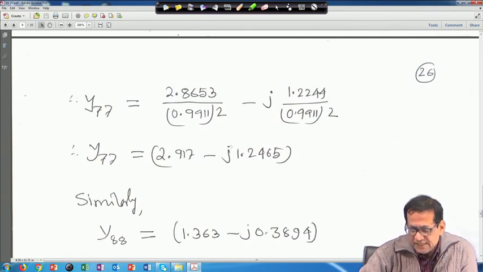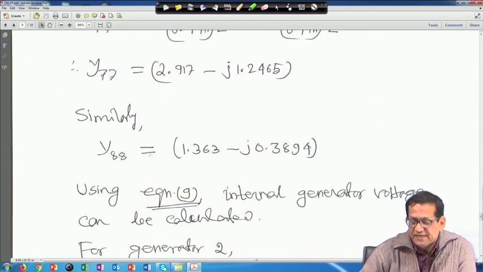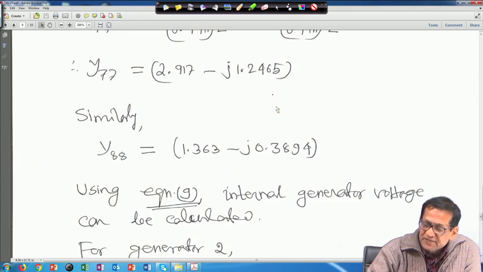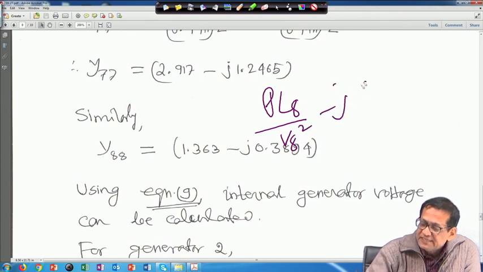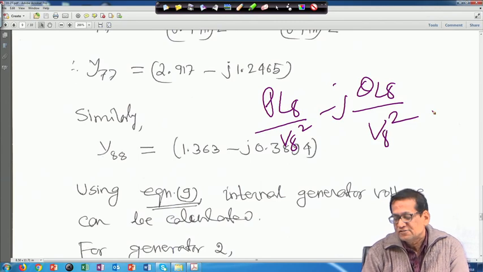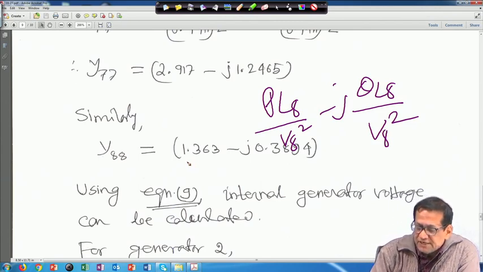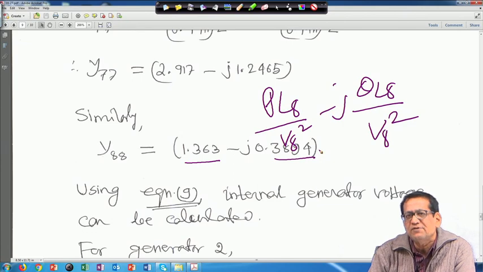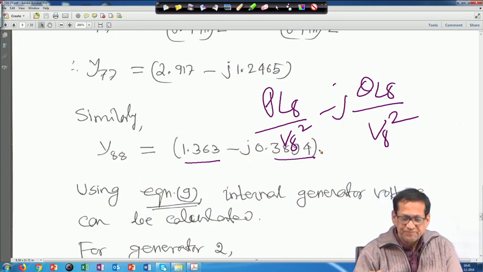Similarly, you calculate Y88: PL8 upon V8 square minus jQL8 upon V8 square. If you compute, you will get 1.363 minus j 0.3894 per unit. I have not written per unit everywhere, but it is understandable.